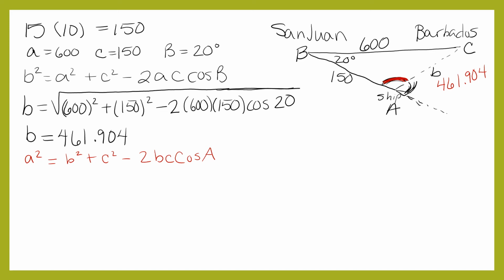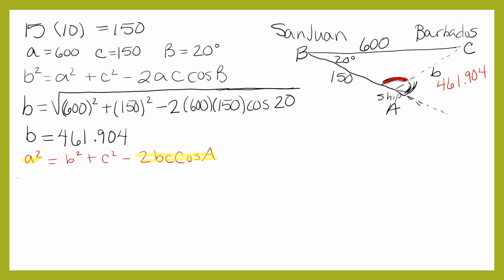I'm going to move this entire expression to the left side, and then I'm going to move the a squared to the right side. So I would subtract a squared from both sides and add 2bc cosine of A to both sides.